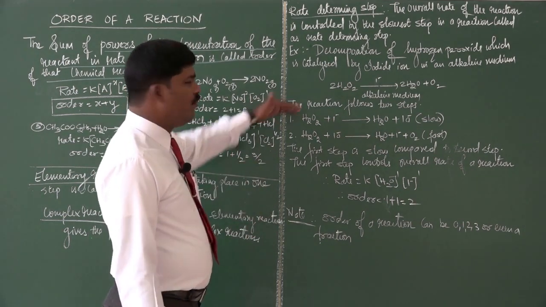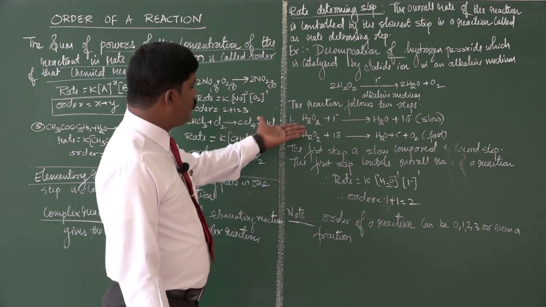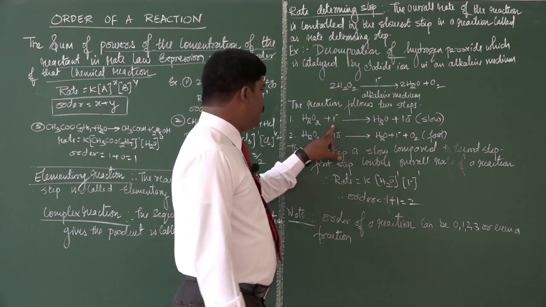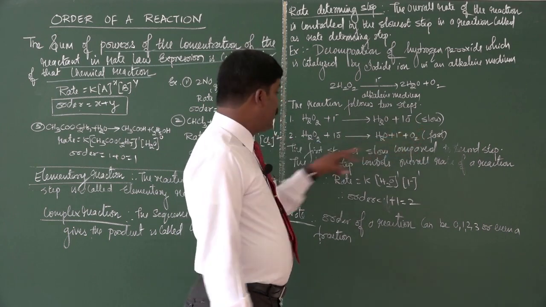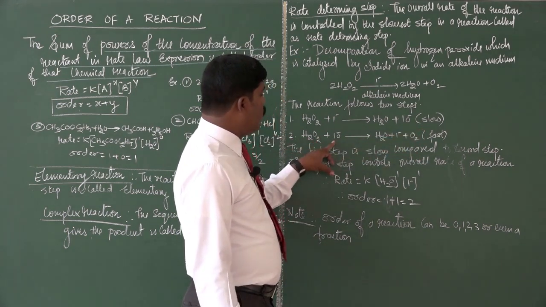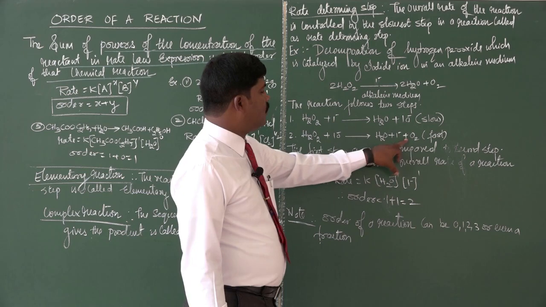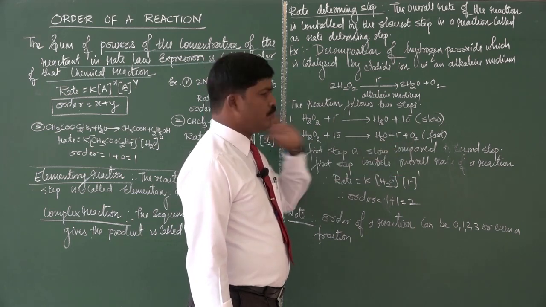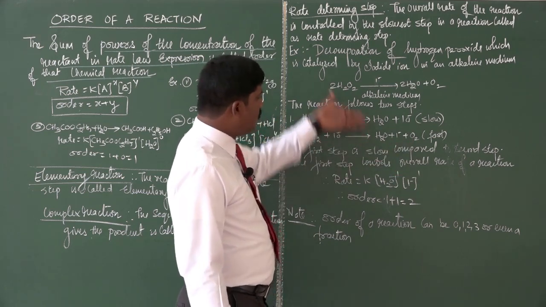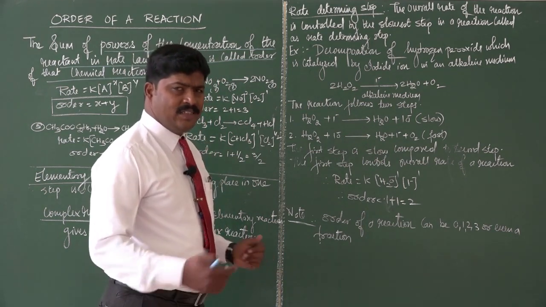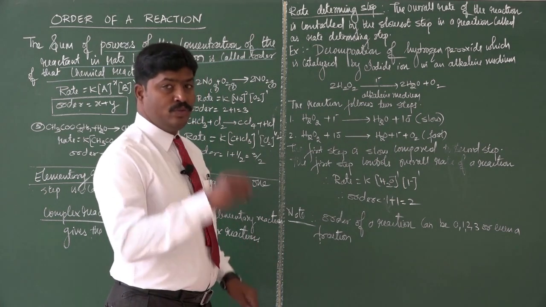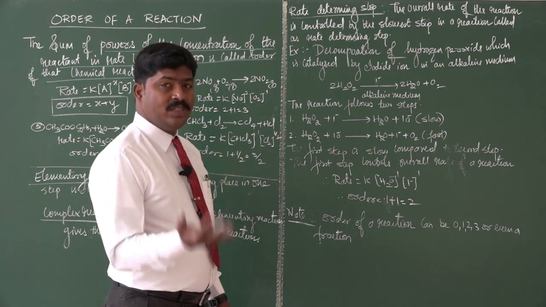First step: H2O2 plus I minus gives H2O plus IO minus, the slow step. Second: H2O2 plus IO minus gives H2O plus I minus plus O2. If you add both equations, you get back the overall reaction. When I investigate the mechanism, I find the first step to be slow compared to the second step.